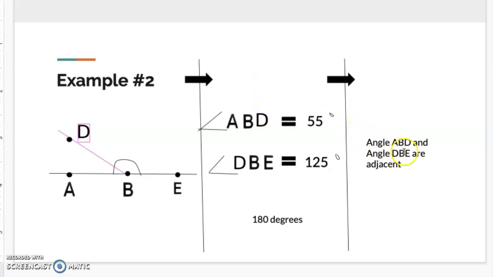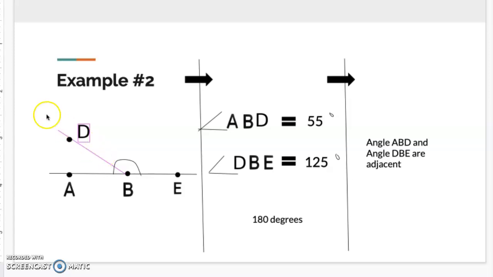Also, angle ABD and DBE are adjacent, and we know that this is adjacent because they are using the same line here. If they weren't using the same line, but that wouldn't be the case, it wouldn't be adjacent.